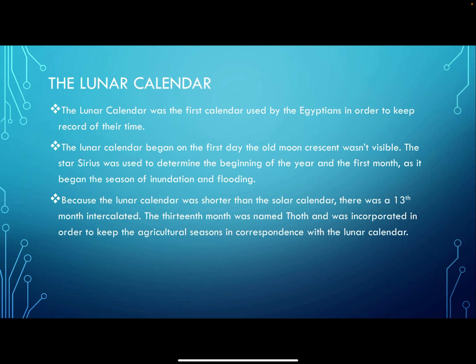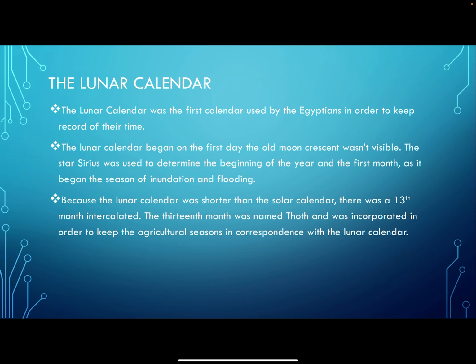The star Sirius was used to determine the beginning of the year and the first month, as it began the season of inundation and flooding. And then that's when they would begin their year, and kind of base their year around that.